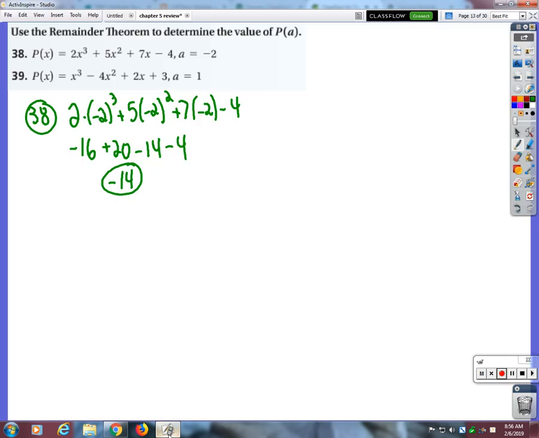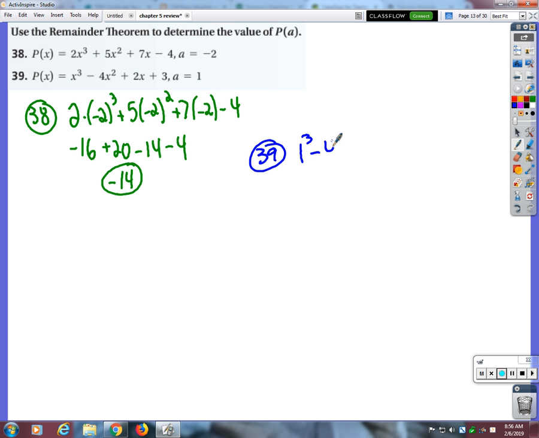Okay, so we're going to do that again. Joe, do you want to just plug in the one, or do you want to use synthetic division? What's that? You don't know? Flip a coin. Oh, Aaron says do the plug-in thing. Alright, well that's pretty easy because we're just plugging in 1.